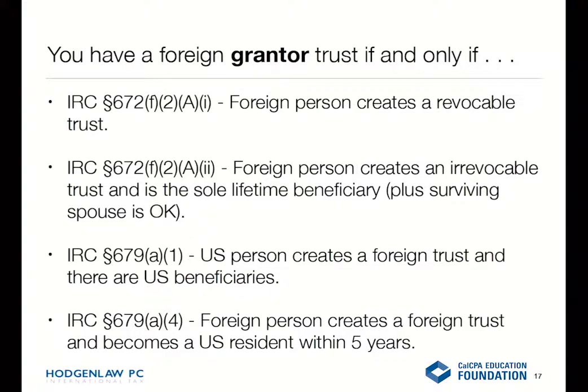And lastly, if a foreign person creates a foreign trust and becomes a U.S. resident within 5 years. If you're looking at a trust of your clients and none of these situations are met, then you're probably dealing with a non-grantor trust.